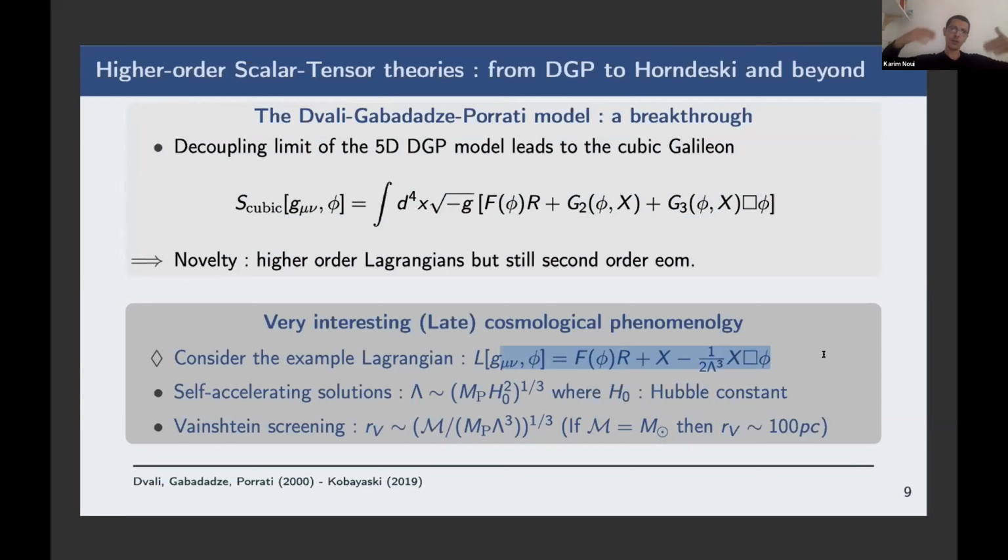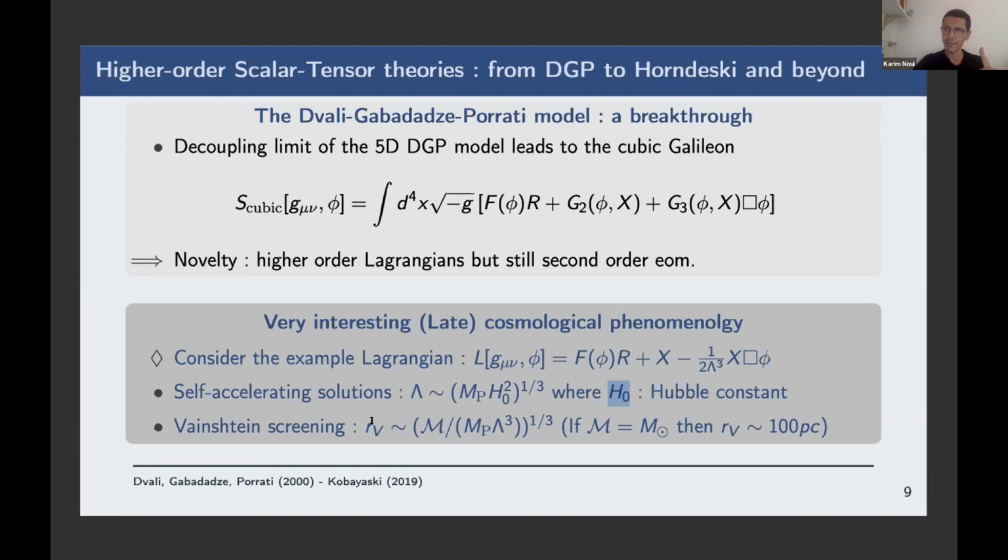This means that you can have the acceleration of the expansion of the universe without a cosmological constant. For this to be true, you need to fix this scale to this value here, where H naught is the Hubble constant today. So it is possible to reproduce the acceleration of the expansion of the universe with this model.